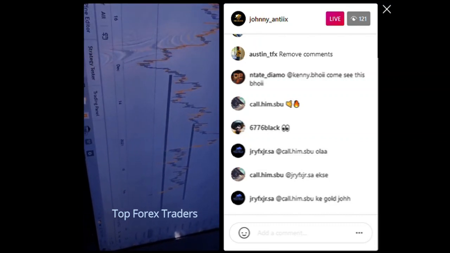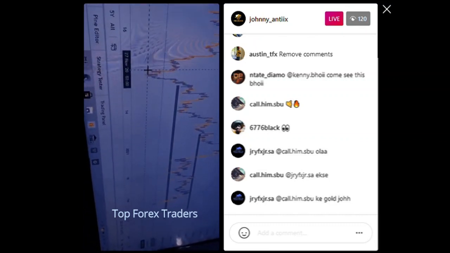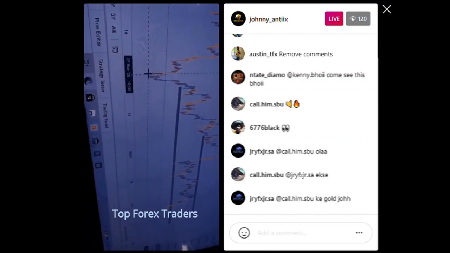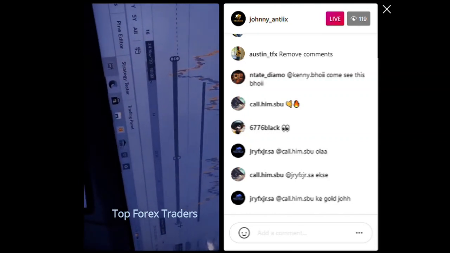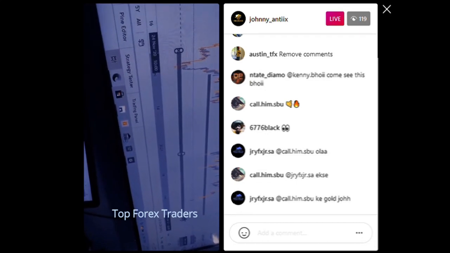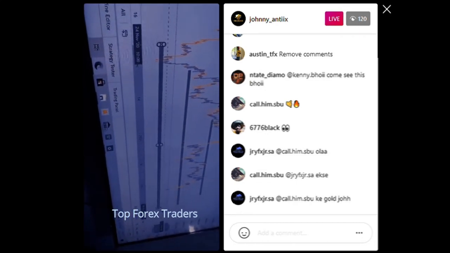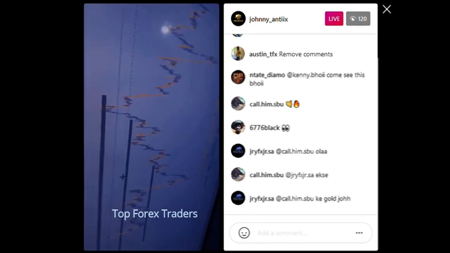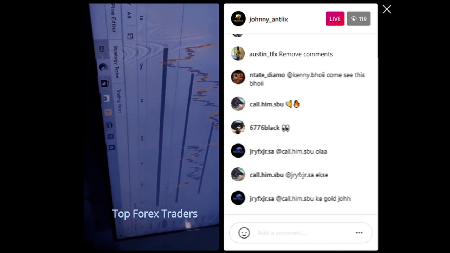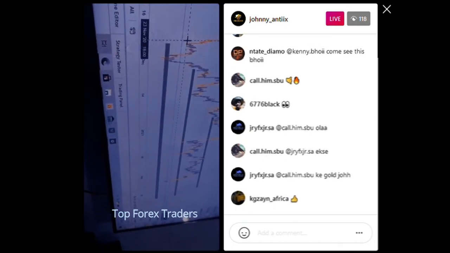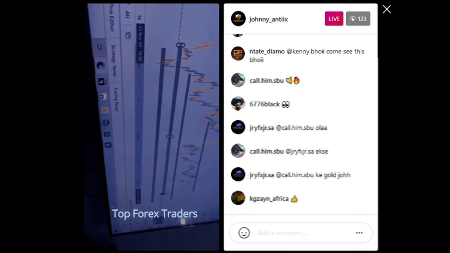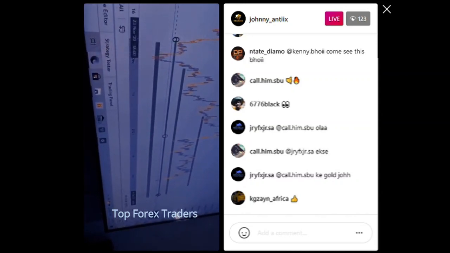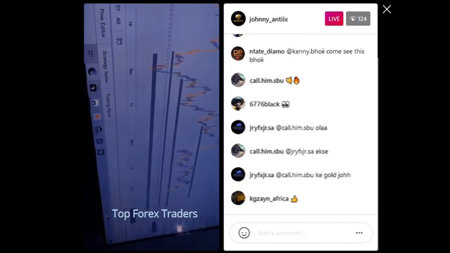Then you have the lowest zone, which is this one here, this point here. This is your lowest point. Then this is your point of retracement. This is not your highest point. It's your point of retracement where the market is going to retrace, right?